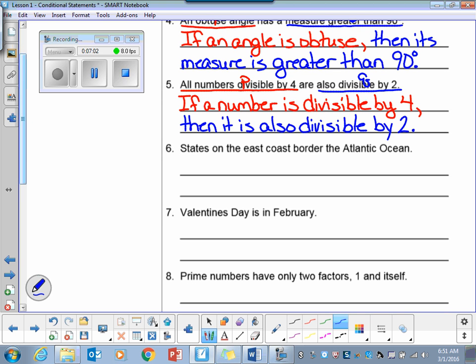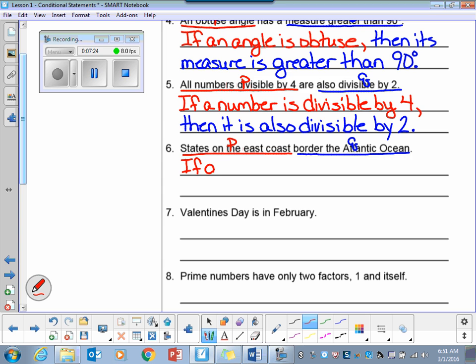Number 6, states on the East Coast border the Atlantic Ocean. Okay, so if we're on the East Coast, hypothesis, then we will border the Atlantic Ocean. Border just means we touch.